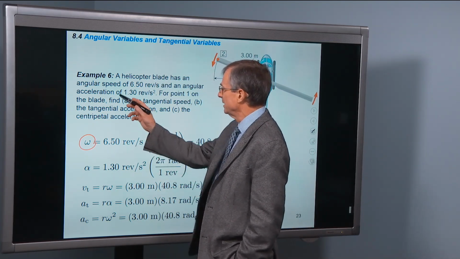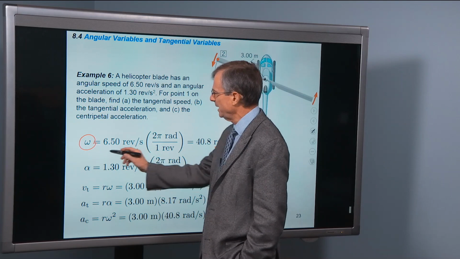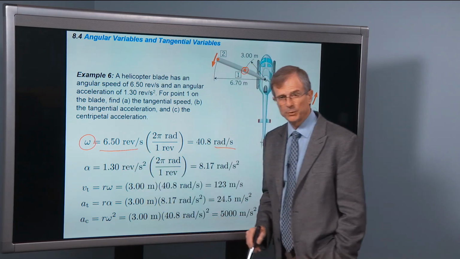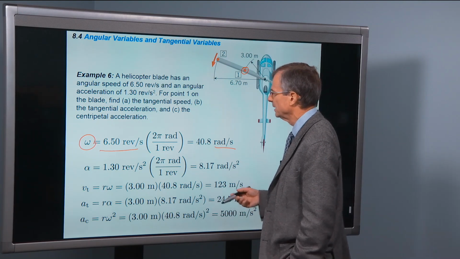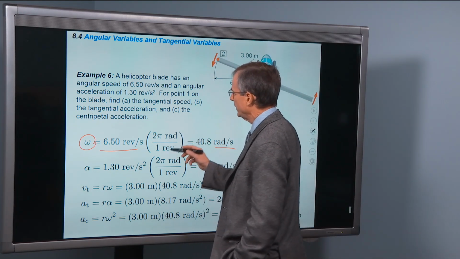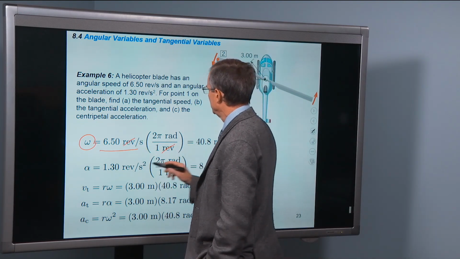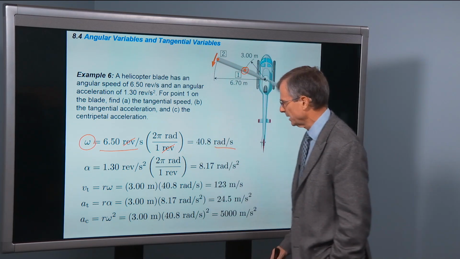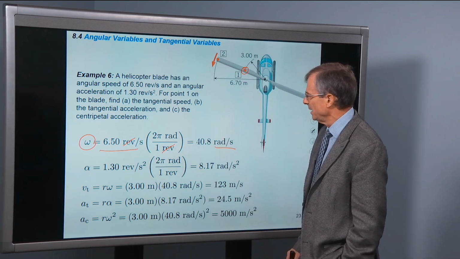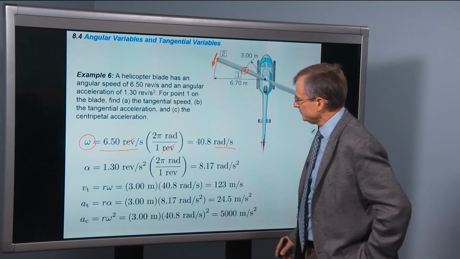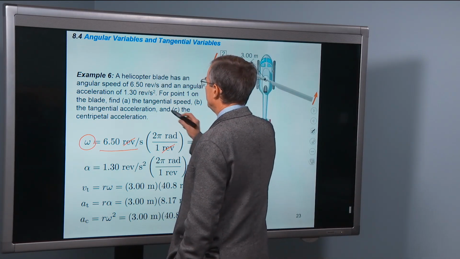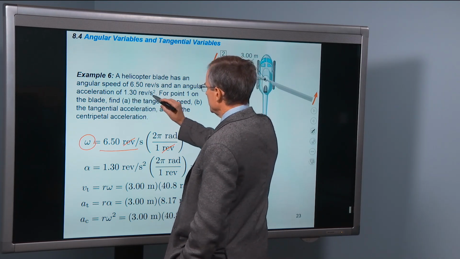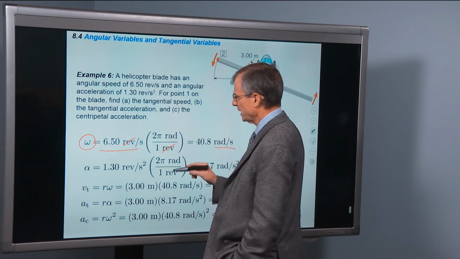We've been given that the angular speed is 6.5 revolutions per second, but I can convert that to radians per second by saying that we have 2 pi radians in 1 revolution. That'll give us an answer in radians per second, 40.8. No big deal. Alpha, angular acceleration, is 1.3 revolutions per second squared.